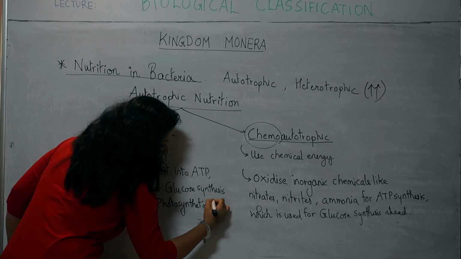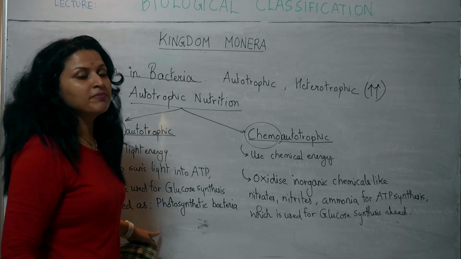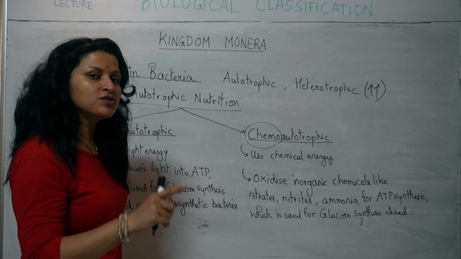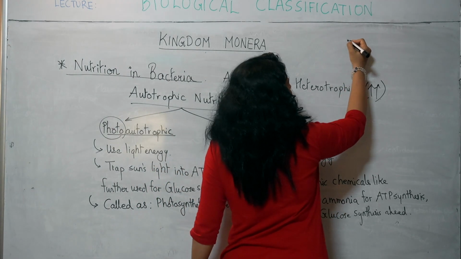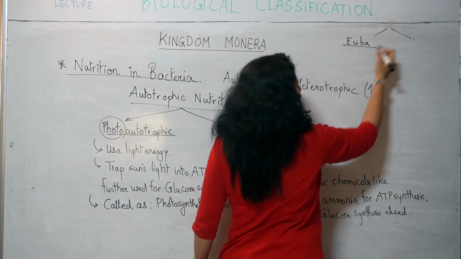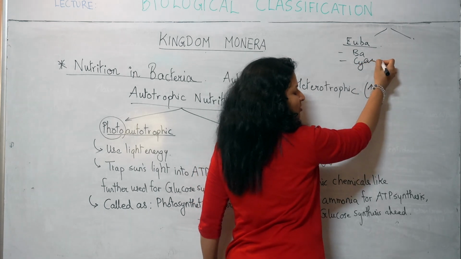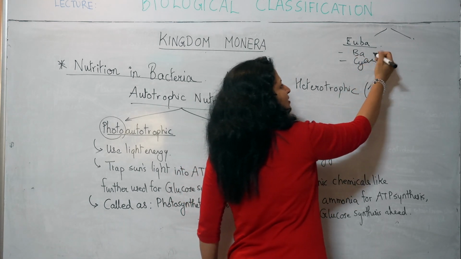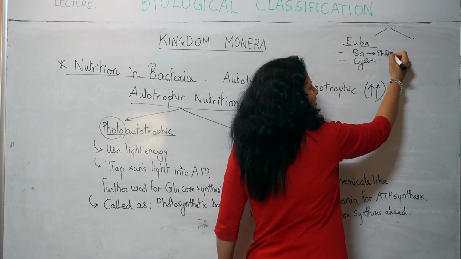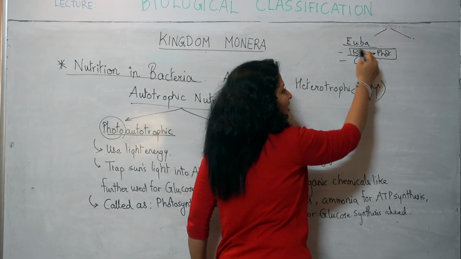Photosynthetic bacteria are not to be confused with cyanobacteria of eubacteria. Under eubacteria, if you go back to that table, there is bacteria and there is cyanobacteria also, isn't it? So the photosynthetic bacteria that we are learning about are in this category right now under bacteria.